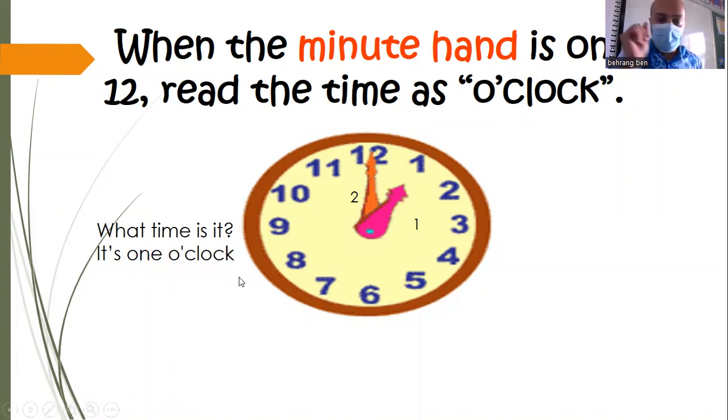I will check your notebooks. So draw the picture of a clock and write this question. What time is it? It's 1 o'clock. Everybody, repeat after me. What time is it?